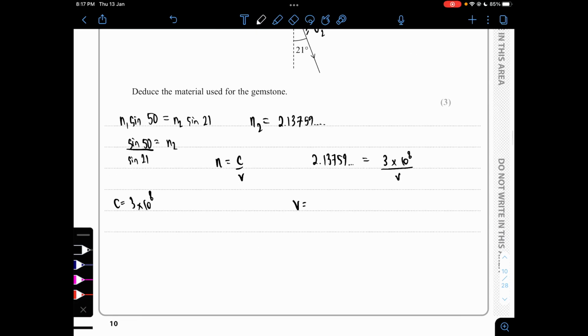The velocity is 3 times 10 to the power 8 all over 2.13759. And what do we get? We get 140344840.1 meters per second. And in index notation, that would be 1.4 times 10 to the power of 8 meters per second. Okay, so we found out the velocity.